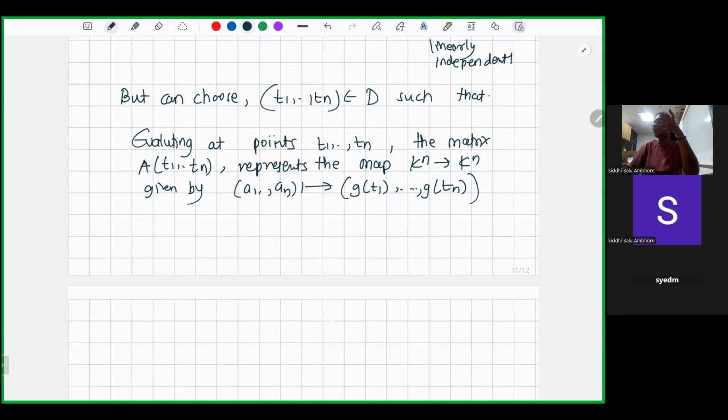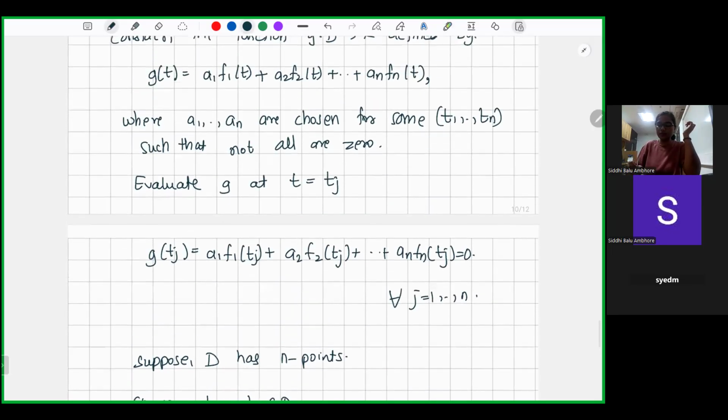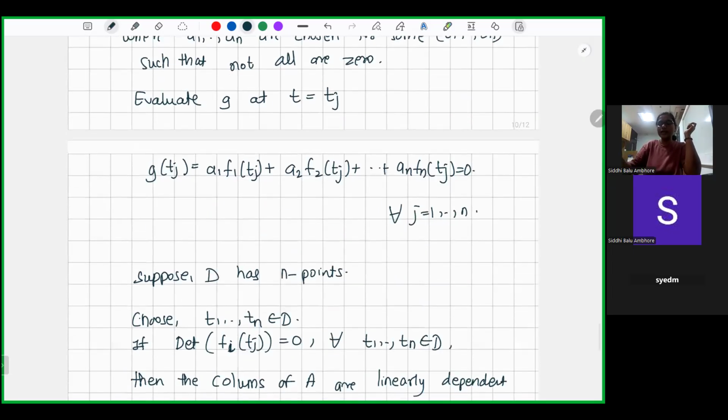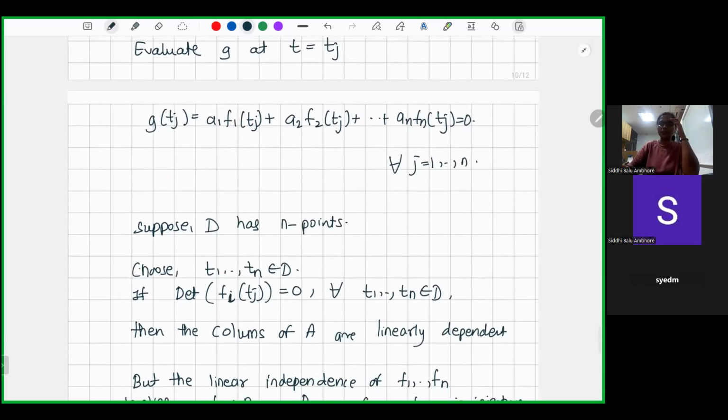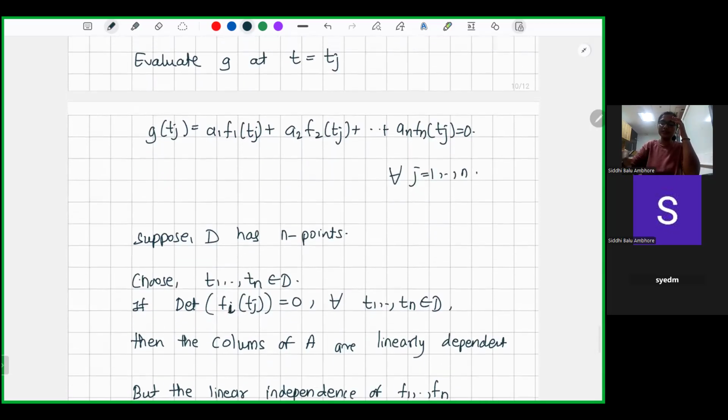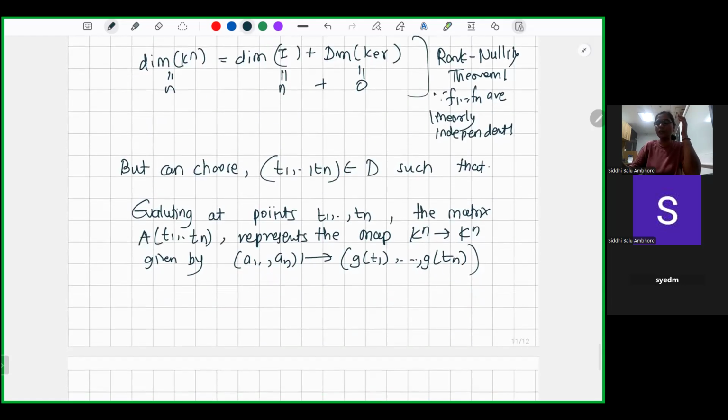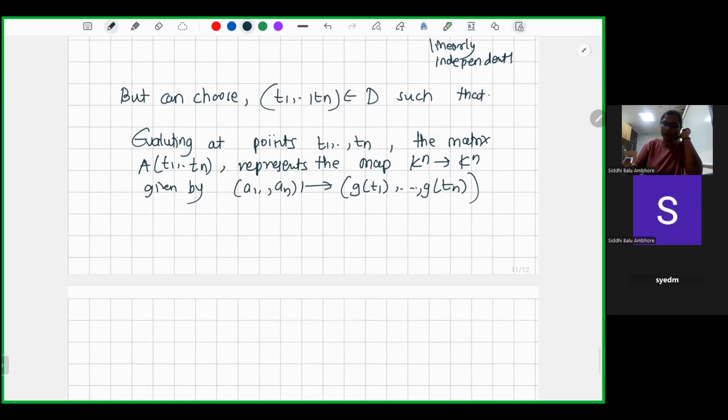And this map now has non-zero kernel, because we have these AIs chosen such that it becomes 0, right? These AIs are chosen such that this map is actually becoming 0 for this T1 to Tj. So this new map Kn to Kn has non-zero kernel. And this new map, let me call this psi.